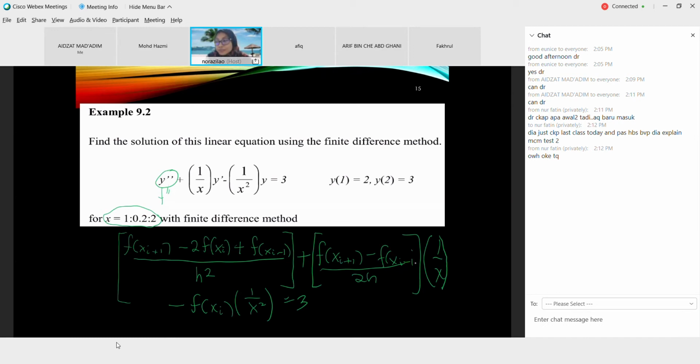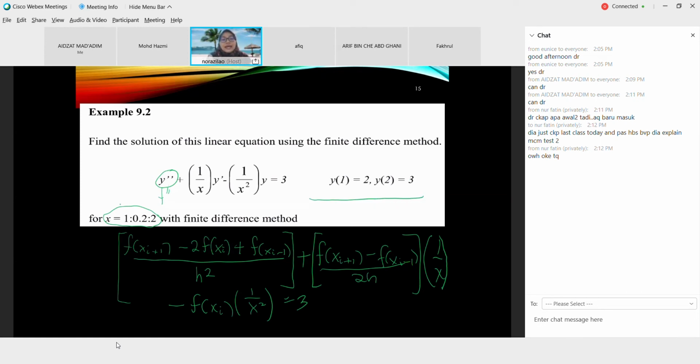Betul kan? Ini you dah memang belajar masa finite difference method and you already solve your problem. So you master lah that skill. Second step, ataupun you can do this as first step, yang ini second step. Don't forget to write and draw like this.